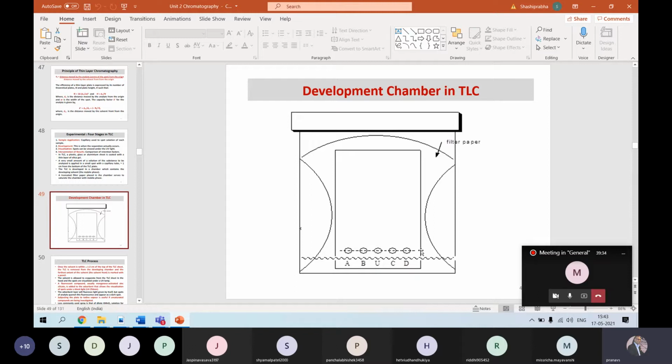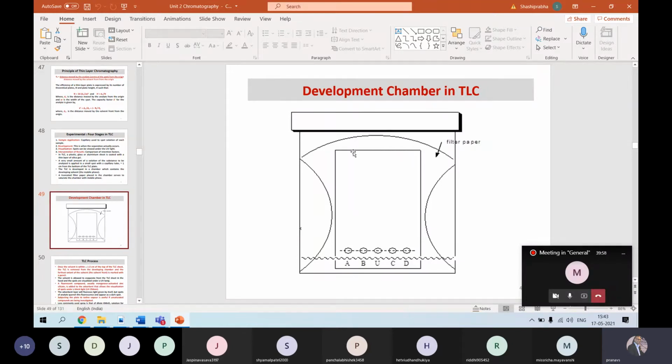The conventional columns which you see in your HPLC or GC or other techniques range from 15-20,000 to 1.5 lakhs. But here, this TLC plate will cost you 50 rupees, 100 rupees. So one can always go for such analysis.